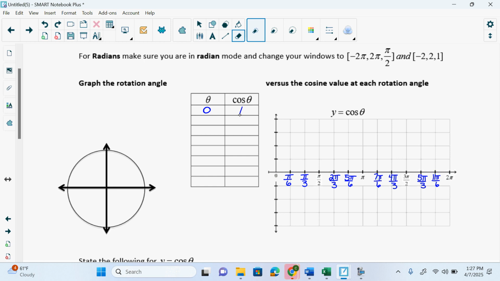So we're at 0, 1. And if I do pi over 6, what's cosine pi over 6? Root 3 over 2, which we know is 0.8660. So it's like here.